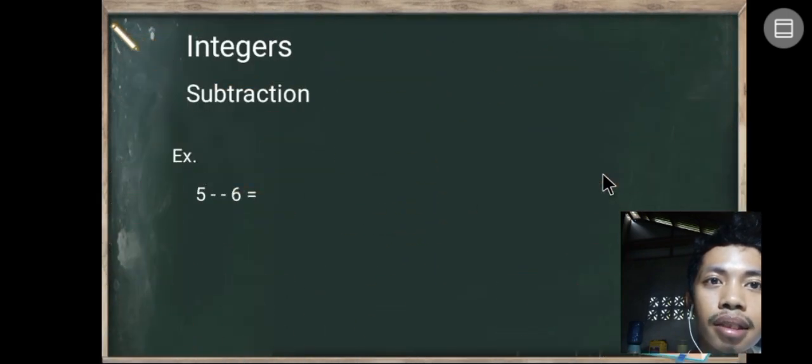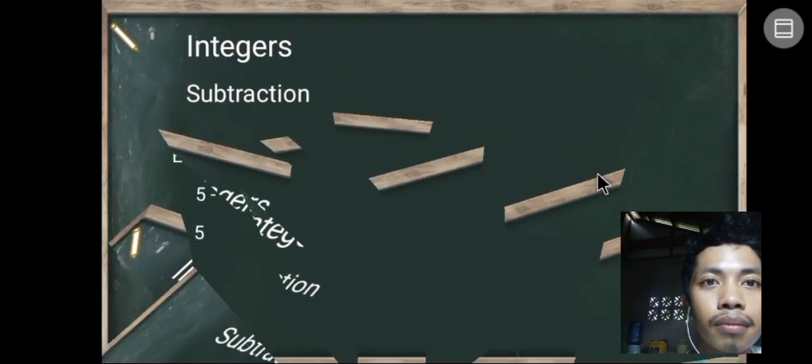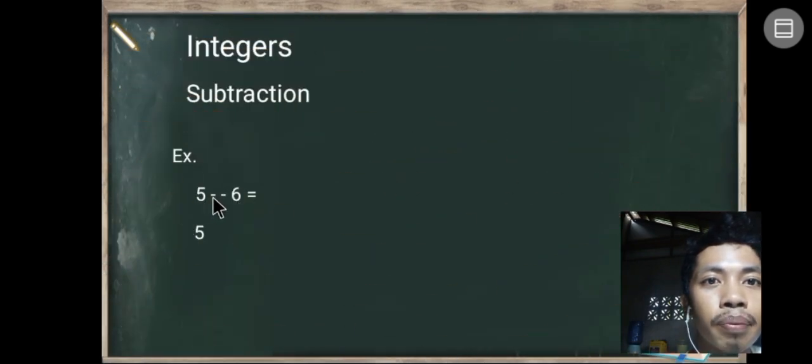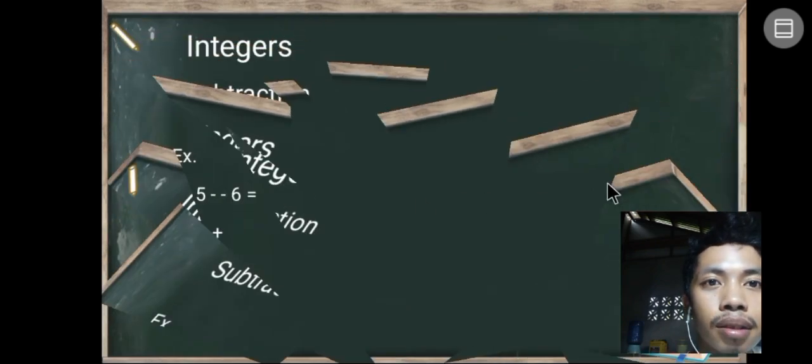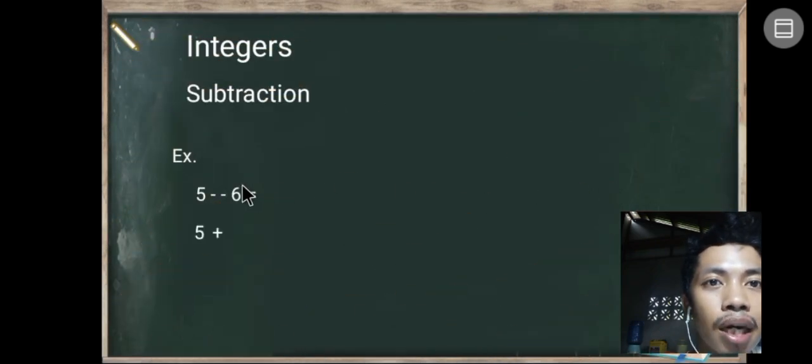Then in this problem, we're gonna keep the sign of negative 5. So negative 5, then change the operation, and that is negative, it will become positive. Then change the sign of the second term, and that is negative 6.